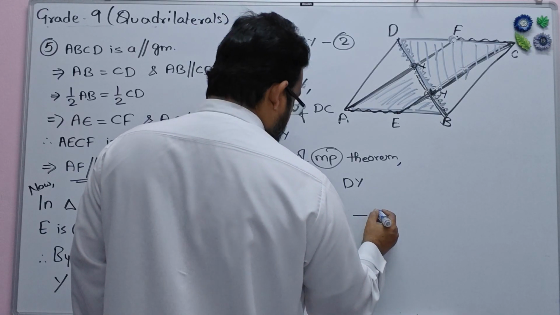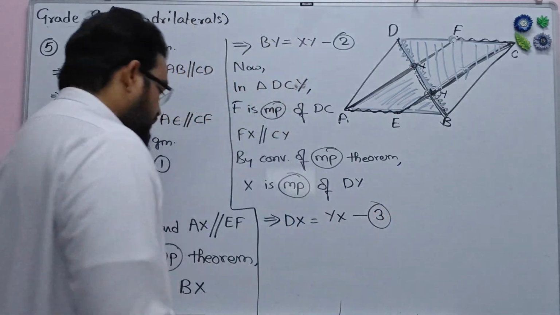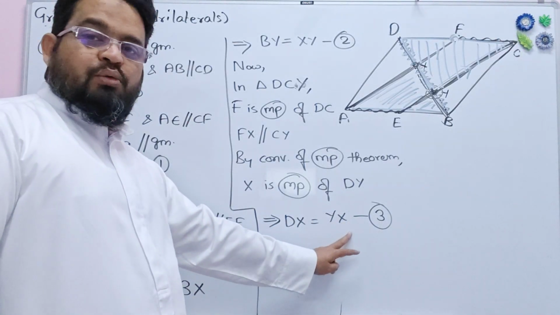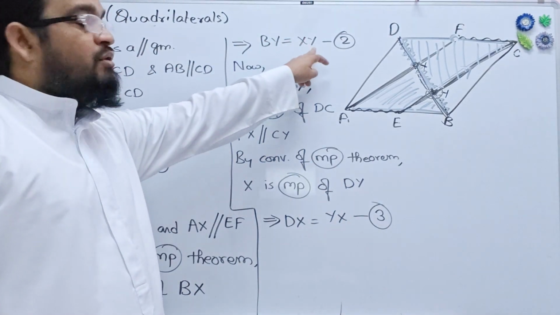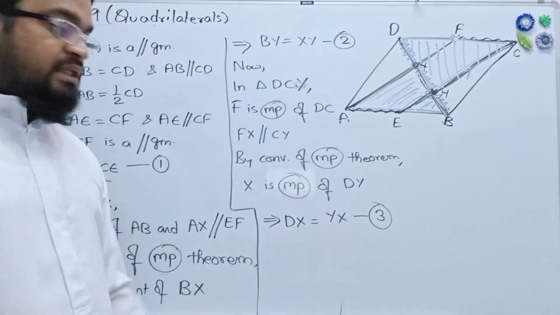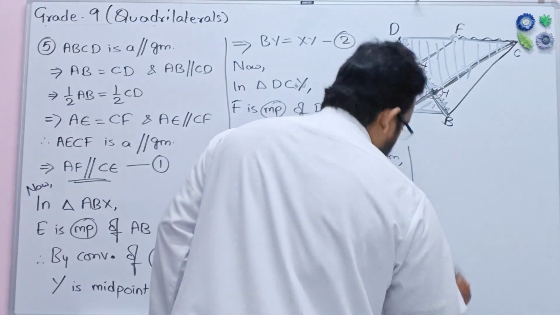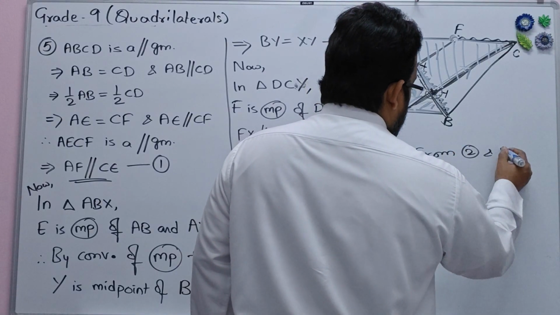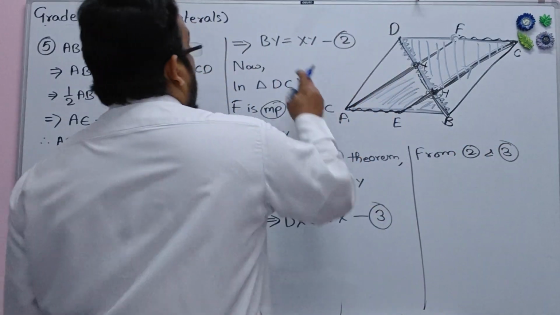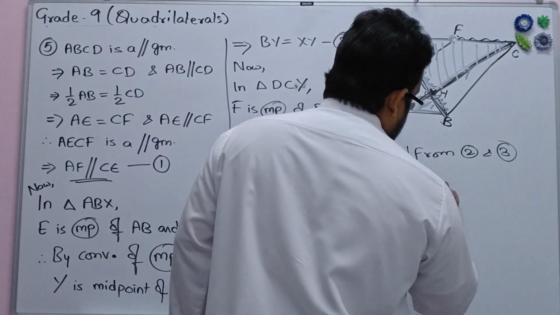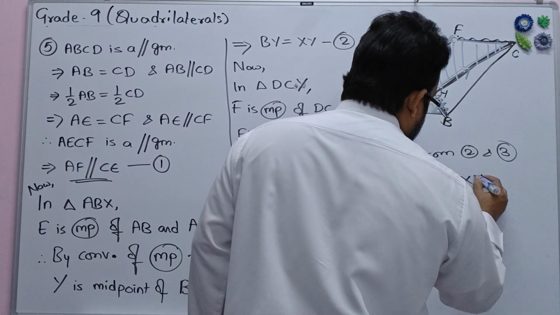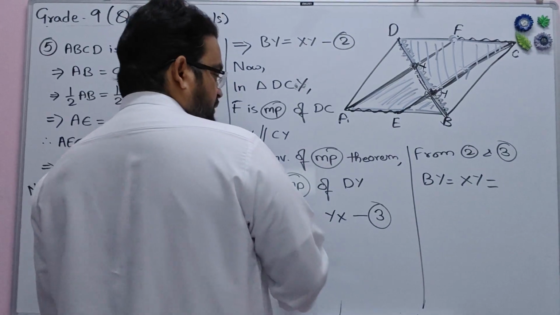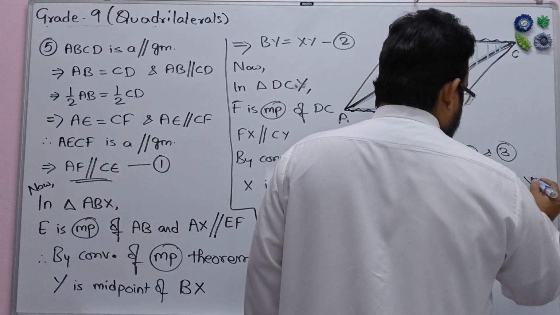Is it right? Let me take it as third equation. So DX is equal to YX, and here BY is equal to XY or YX, both are same. So that means from 2 and 3, BY is equal to XY is equal to DX.